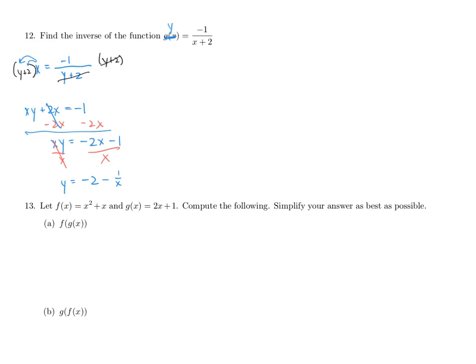So the -2x over x gives you -2, and then the -1 over x gives you minus 1 over x. Okay. Now you want to write it in the inverse function notation. So instead of having a y, you just want to write g inverse of x is equal to -2 minus 1 over x. And that would be it.